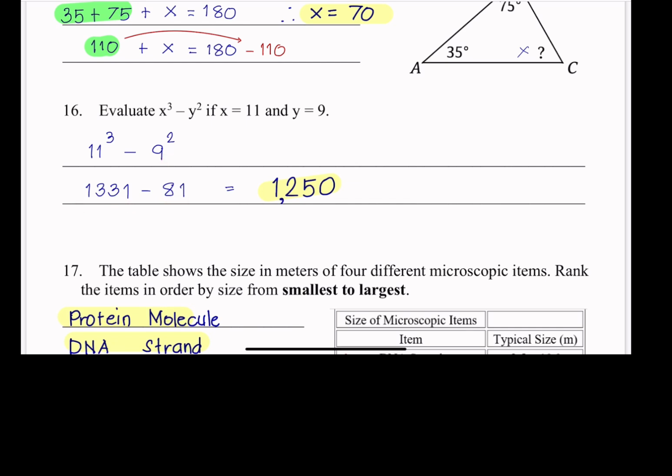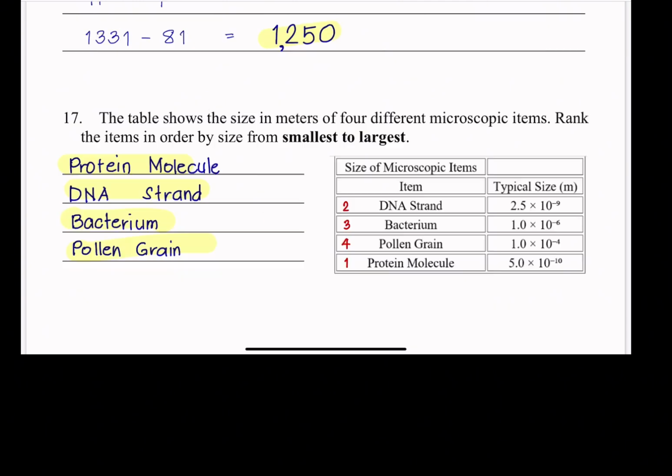So you subtract 81 from 1,331, and that gives us 1,250.